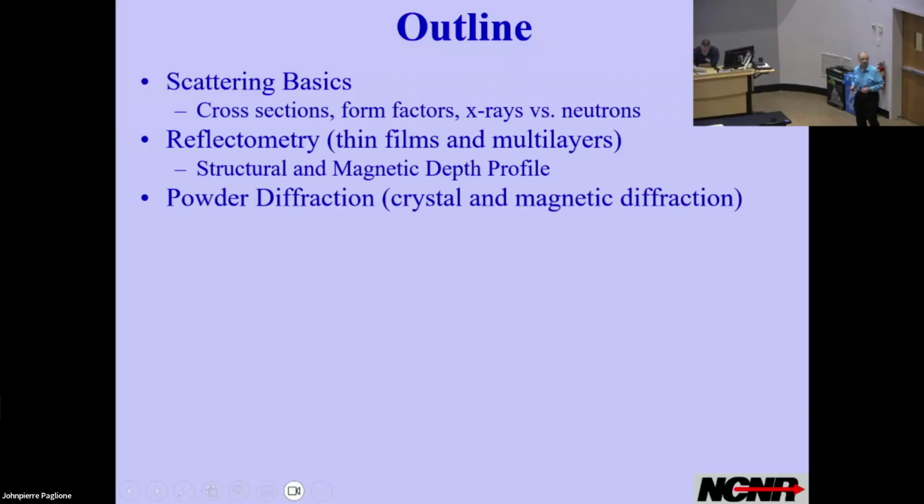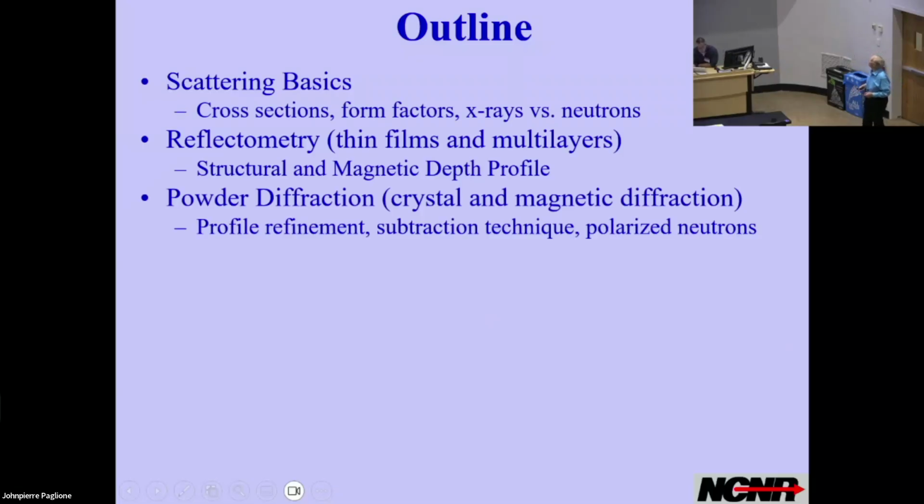Powder diffraction is one of the first things that typically you want to do for crystal and magnetic diffraction, so you can do profile refinements. Here, the subtraction technique, I'll show you how to separate out structural scattering from magnetic scattering.